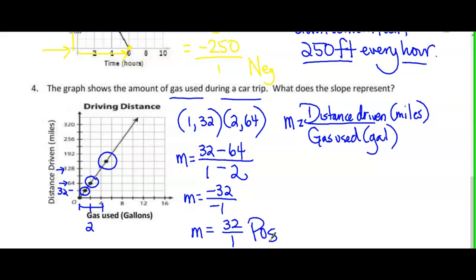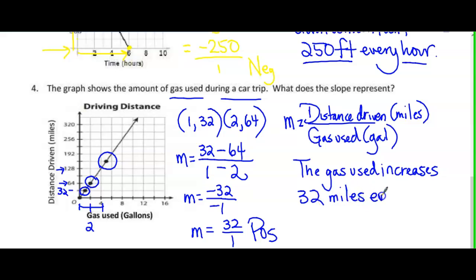So I'm going to say the gas used increases 32, and that refers to miles, every gallon. You could say it differently than me, but the things I'm looking for is it being increased 32 miles every gallon. And that's how you interpret slope. Make sure you have good sentences and you pay attention to your x's and your y's when you're describing.